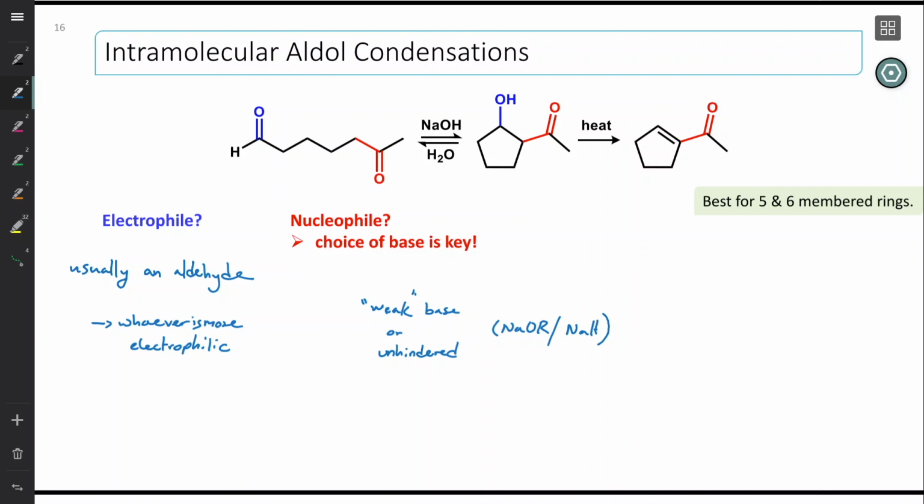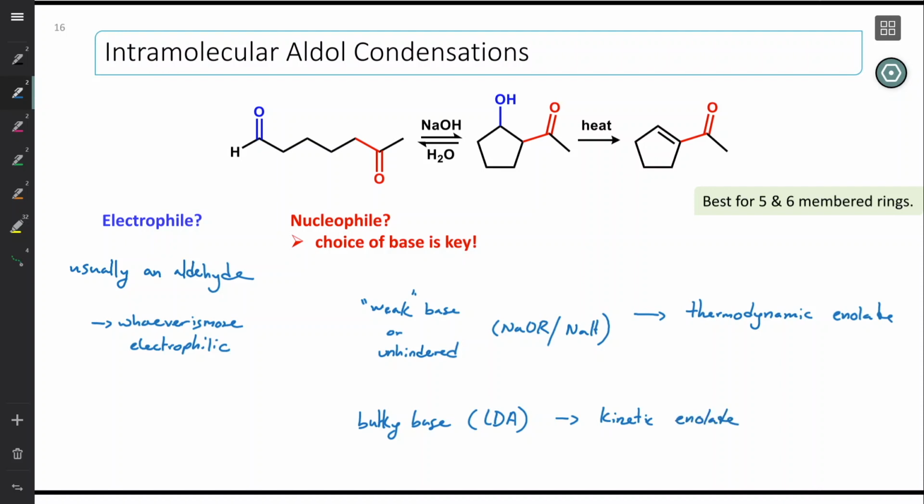The unhindered base will give you the thermodynamic enolate. And if you use a bulky strong base, basically LDA, then you'll get the kinetic enolate.